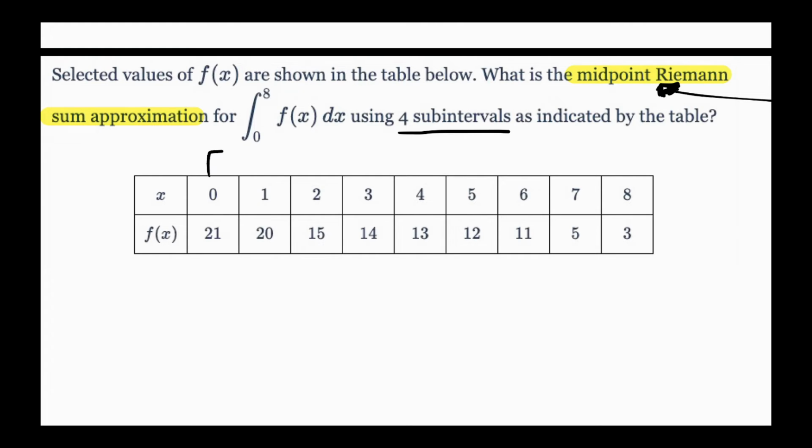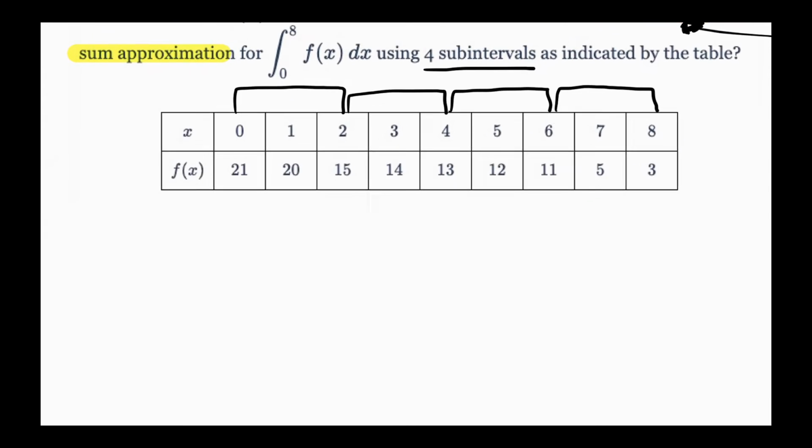So my first rectangle goes from 0 to 2. My next rectangle goes from 2 to 4. My next rectangle goes from 4 to 6. My last one goes from 6 to 8. I have 4 rectangles.